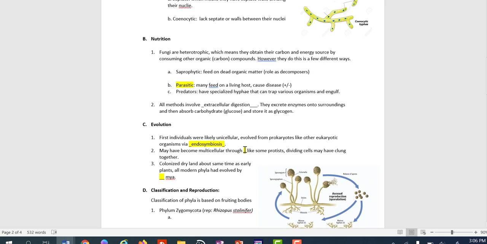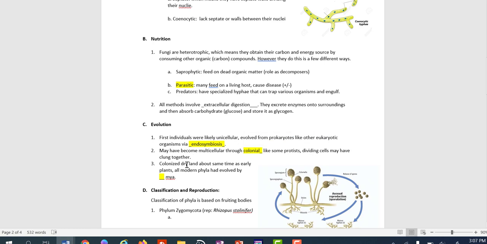They may have become multicellular, much like some of the protists, probably forming colonial relationships, like we talked about with the multicellular algae. So colonial relationships, where you'd have several cells working collectively, some maybe being more efficient at certain things than others, and eventually leading to multicellularity, right?